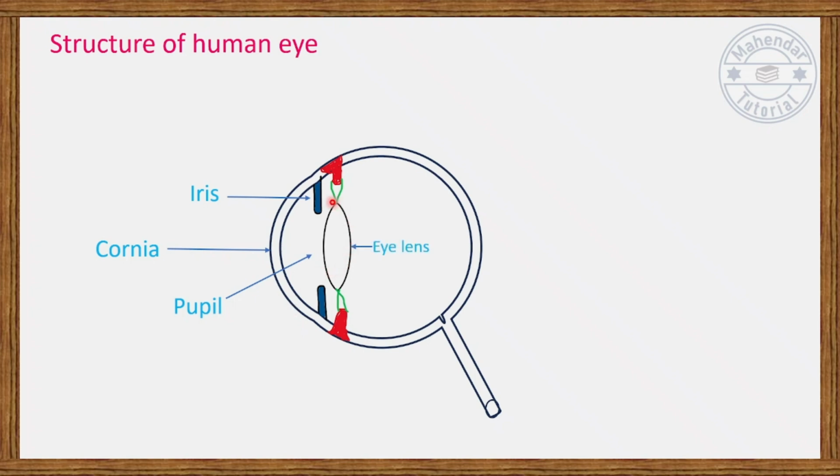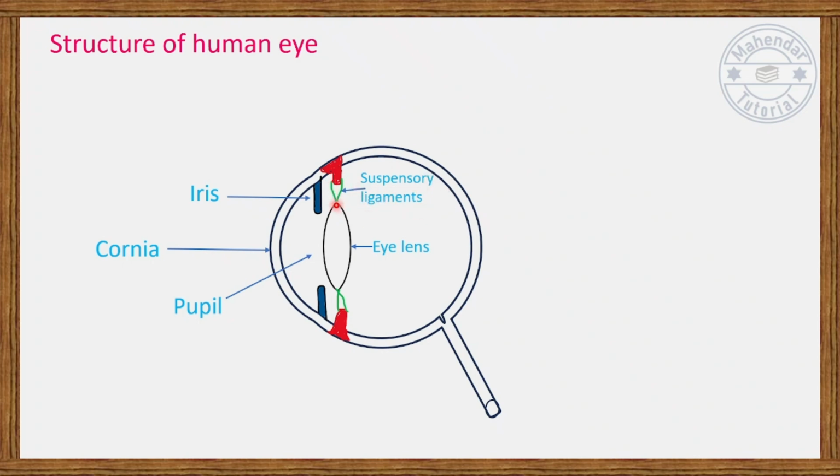And after this is the eye lens. It is a convex lens, and the eye lens is a transparent, soft and jelly like substance. The eye lens is flexible. It means it can change its shape. The eye lens is held in position by suspensory ligaments.